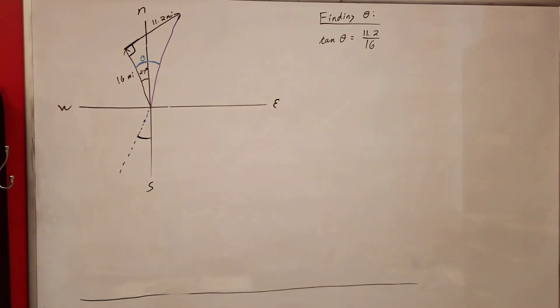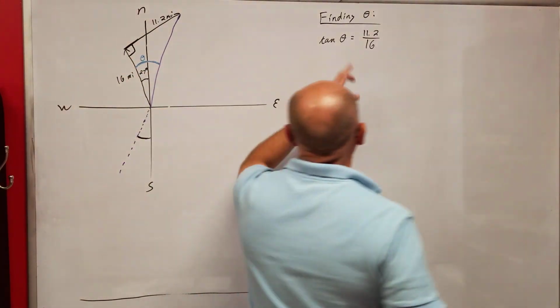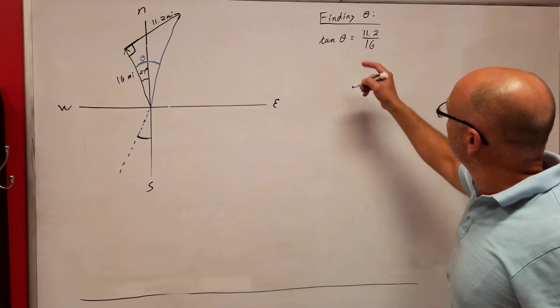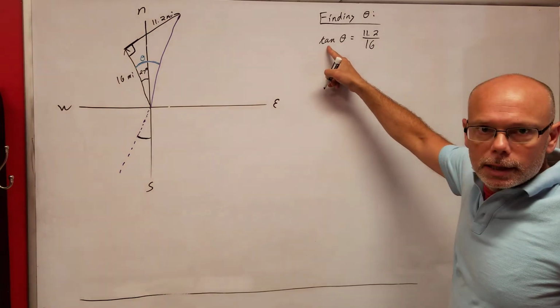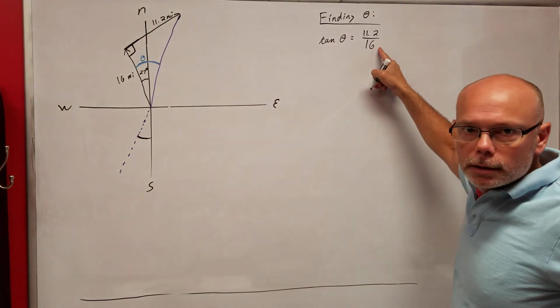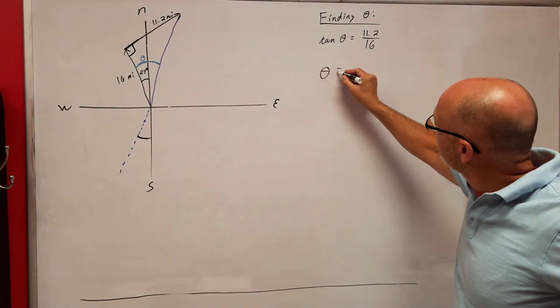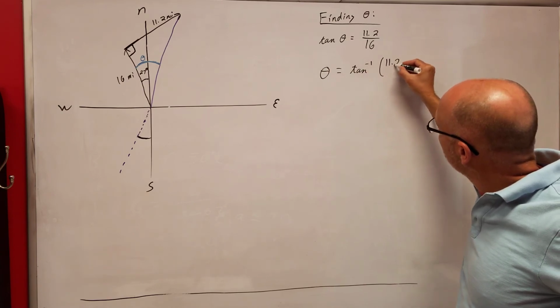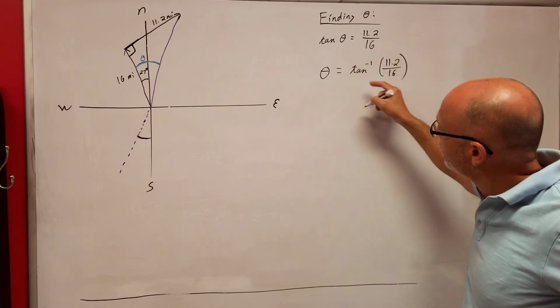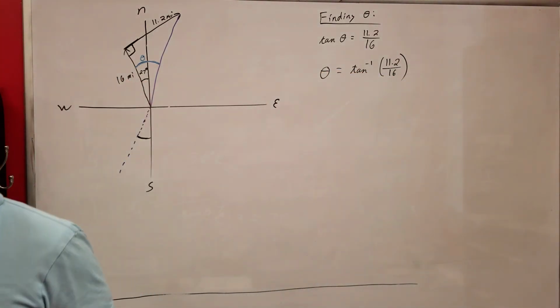All right, now how could I find out what this measure of theta is? I could use the inverse function, because this says theta is the angle that whenever I take the tangent, I get this number. So if theta is the angle whose tangent is 11.2 over 16, then theta is equal to the inverse tangent of 11.2 over 16.